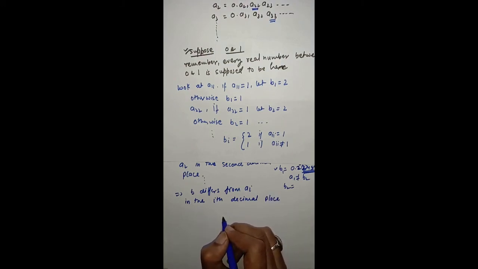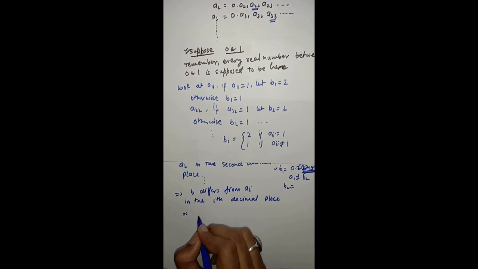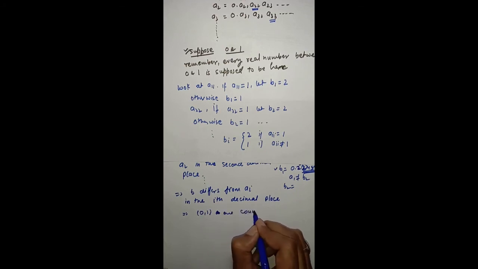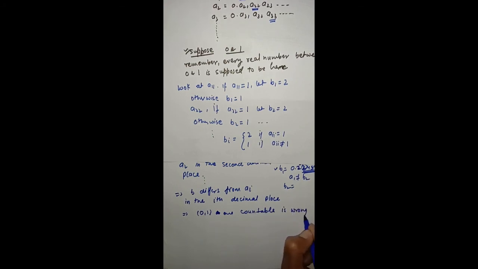So the hypothesis that (0,1) is countable is wrong.